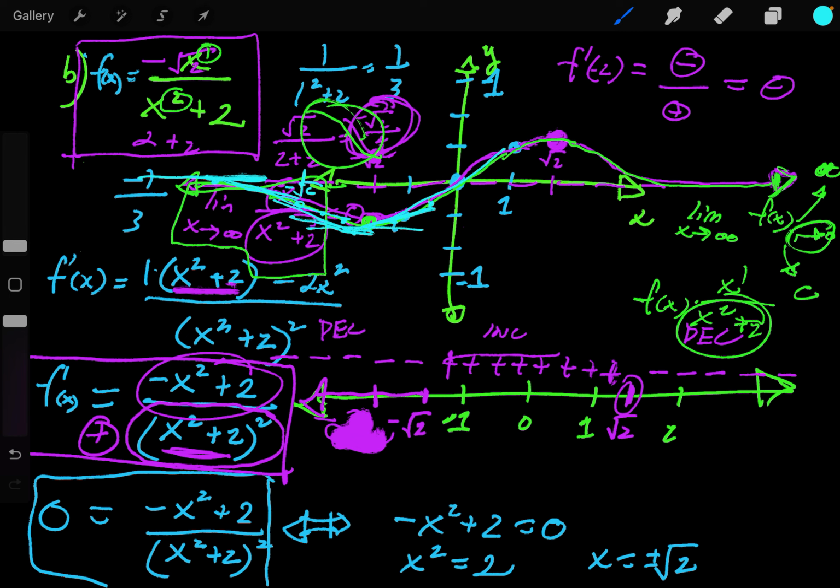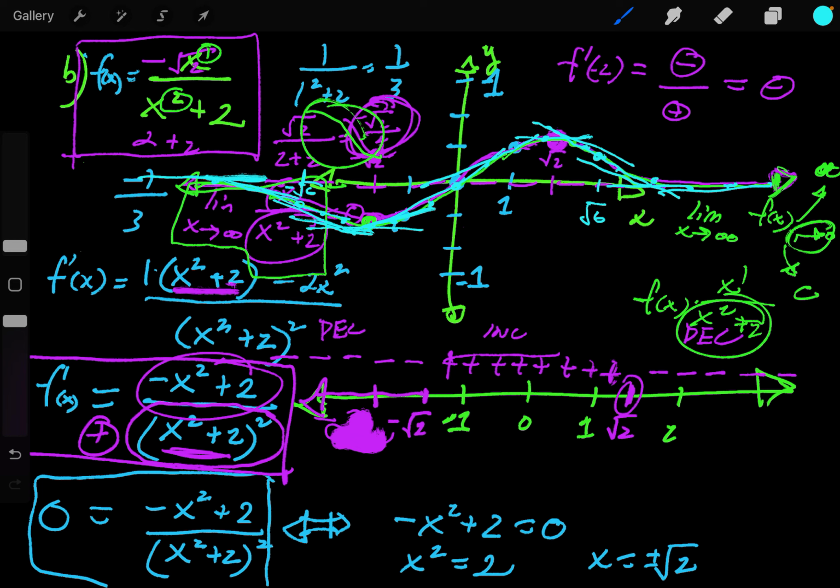Then at 0 it inflects again, and the tangent lines are above the curve. It inflects again at positive root 6, where the tangent line lies right on top of the curve, and after that it's beneath the curve. That matches everything that we have from computing the second derivative, and this curve is indeed accurate.